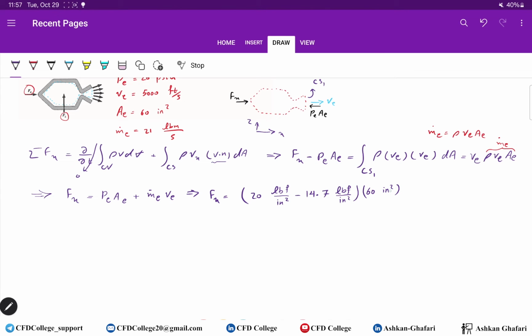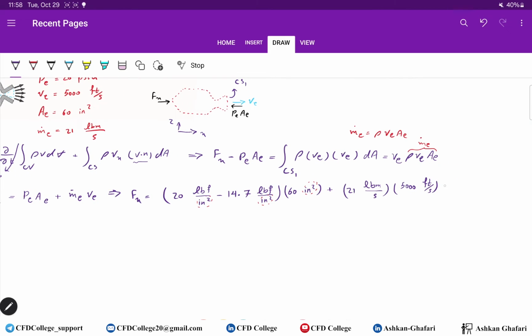Since we have inches square in the numerator and in the denominator, there is no need to do a conversion, plus m dot, 21 pound mass over second, times velocity, 5,000 feet per second, and we should convert lbm, so 1 over 32.2.